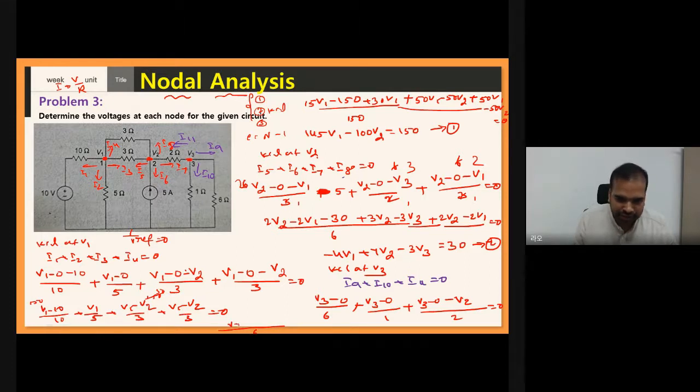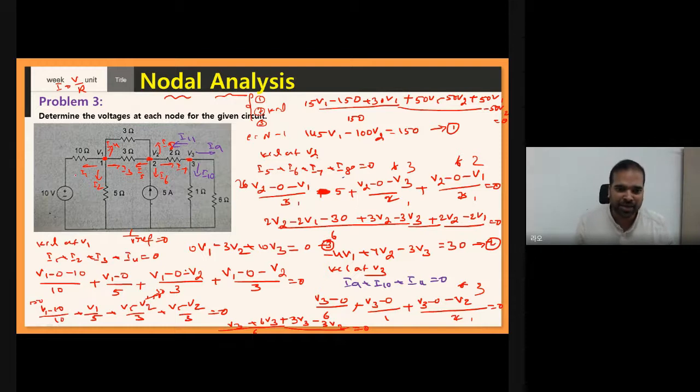Therefore, you will write V3 plus 6V3 minus, if I write 6 here, 2 ones and 2 threes. Therefore, this is plus 3V3 and minus 3V2 equal to 0. Now, if you solve this one, finally you get equation 3. The equation 3 is: 0V1 minus 3V2 plus 10V3 equal to 0. This is my equation 3.